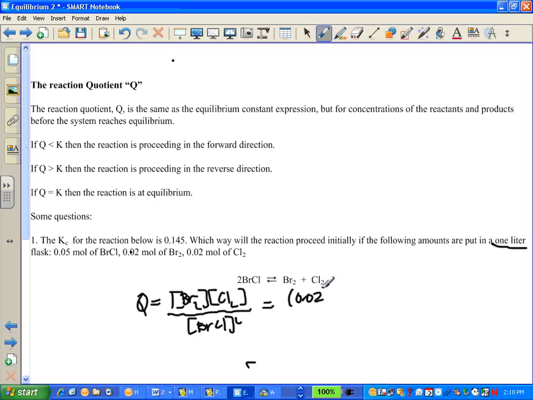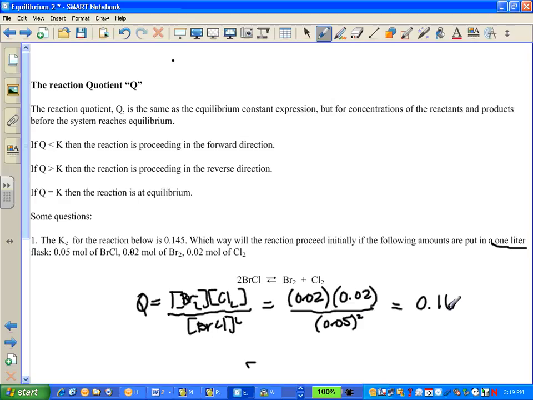So what we're going to do is plug in the values that were given for each of the concentrations. You need to be very careful and make sure that you square the 0.05 because that's consistent with the equilibrium expression.